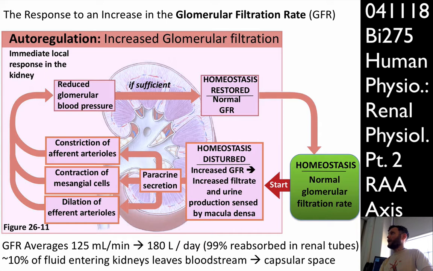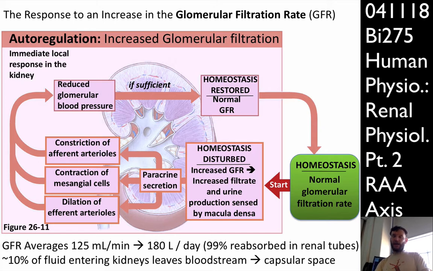That's going to result in a number of effects. So first of all, the afferent arteriole is going to constrict. This means it's going to limit the amount of blood that's getting into the glomerulus. Right? You can see how that would reduce the glomerular blood pressure and then consequently the amount of filtrate that's produced.